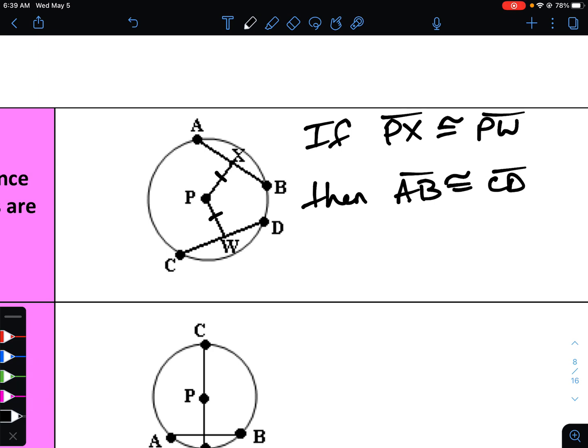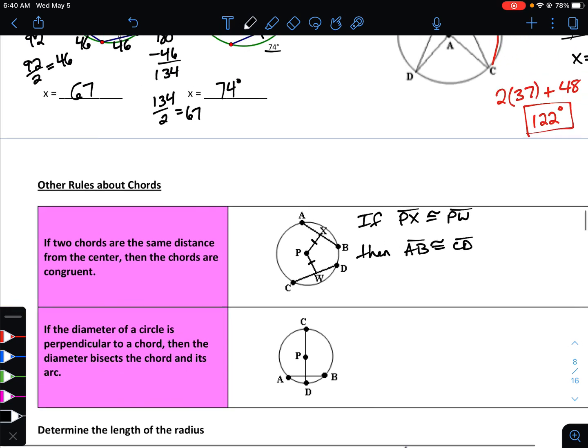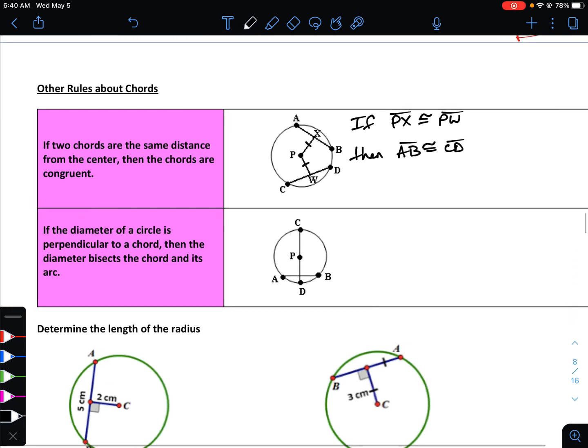And then the second property that we'll be using in this second half of the notes is that if the diameter of the circle is perpendicular to a chord, then the diameter bisects the chord and the arc.